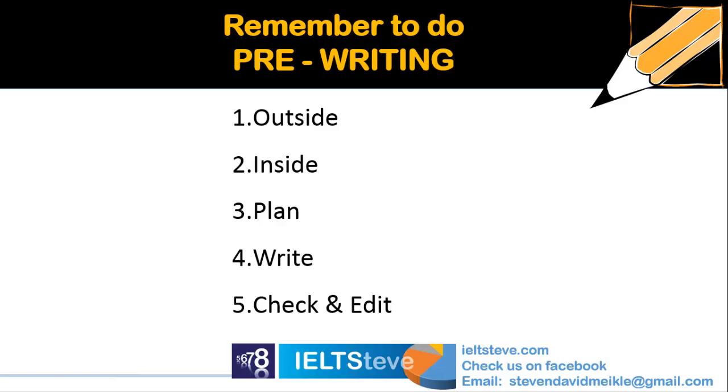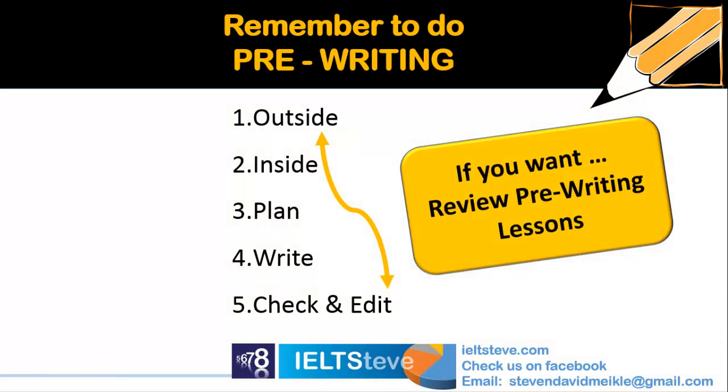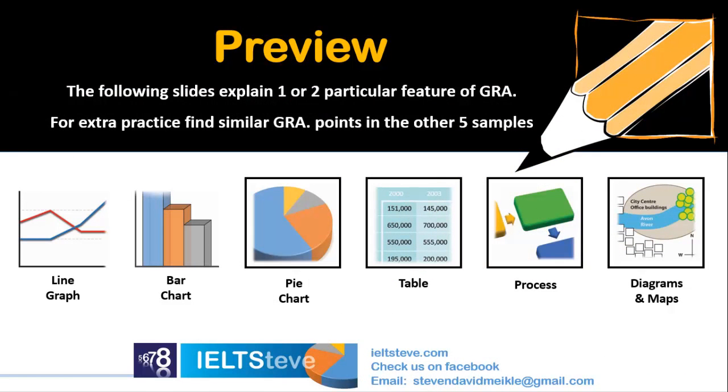That will show you the pie chart or the table or whatever it is. And then once you've written that, when you finish, you can come back and note that. If, for example, it's in the past, you can come back and say, okay, do I have past verb tenses? If you're not sure about the pre-writing, make sure you go back and review the pre-writing lessons that we talked about for all 6 of the Task 1 types of writing.